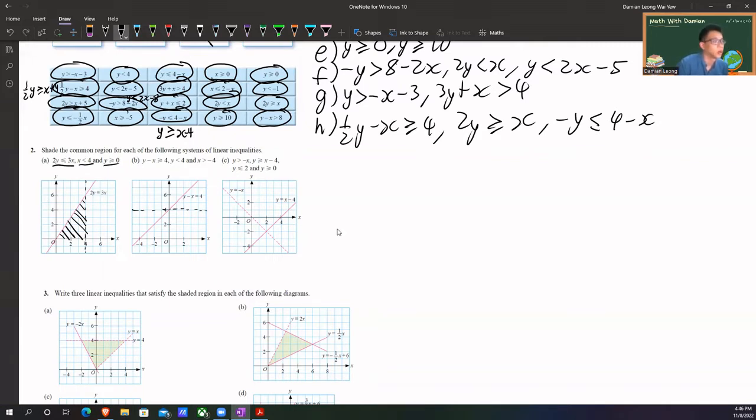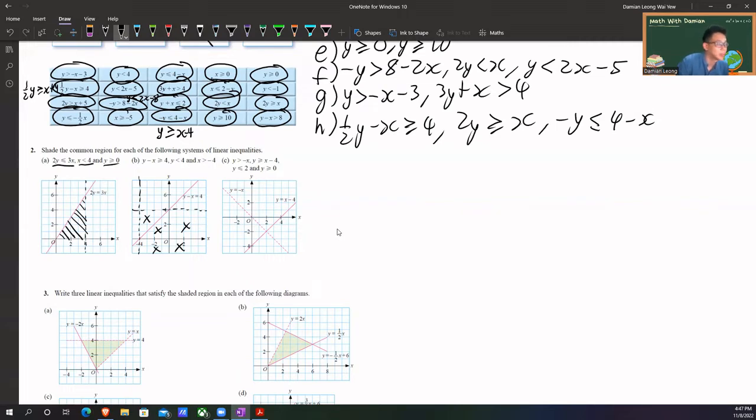X more than negative 4, so from negative 4 value of x, dotted line, more to the right. So to the right of this line, it cannot be these two parts on the left. Less than 4 means below this horizontal line, it can be here, here, here.